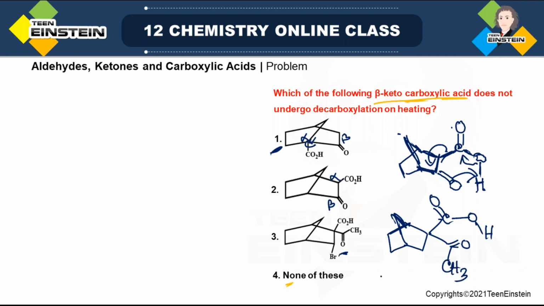So this is also a beta keto acid, because with respect to the CO2H group, this is the alpha position, this is the beta position. So see how the 6-member transition state is possible. There will be a C=C double bond. So in this way also, there is no problem with planarity. So this will also give decarboxylation. Only the first one will not give decarboxylation, and that is why it is the correct option.